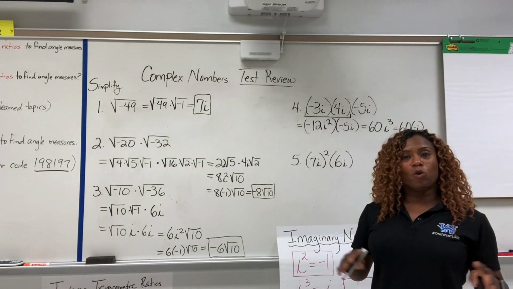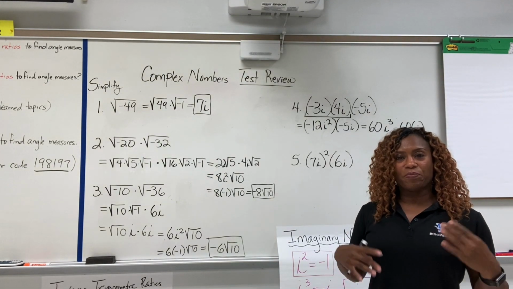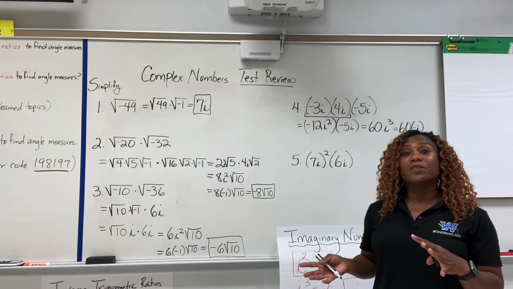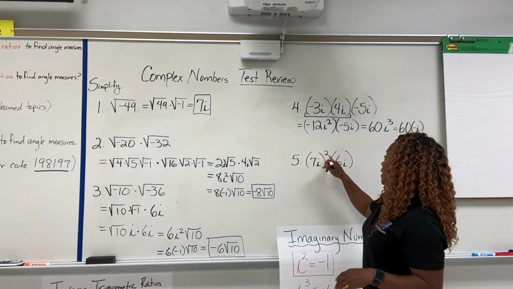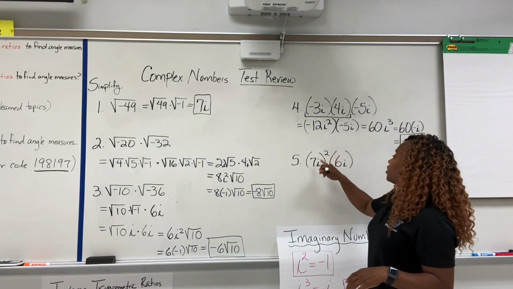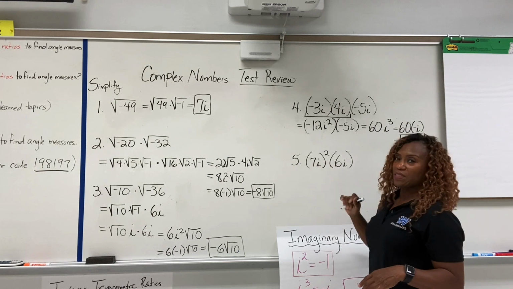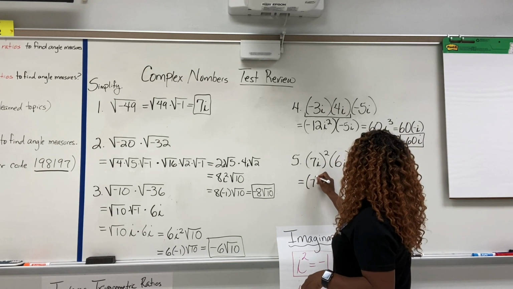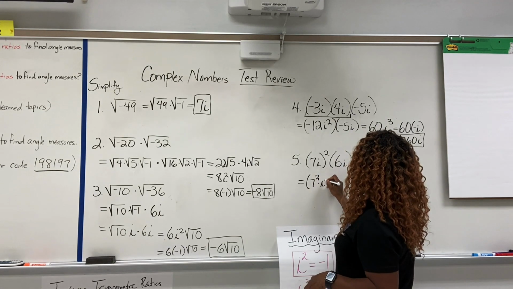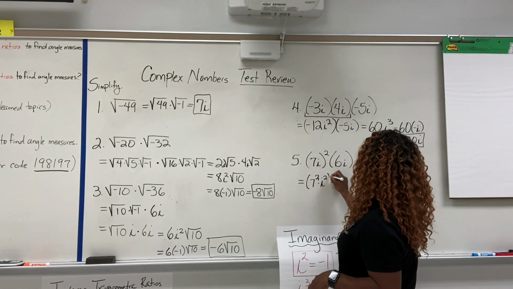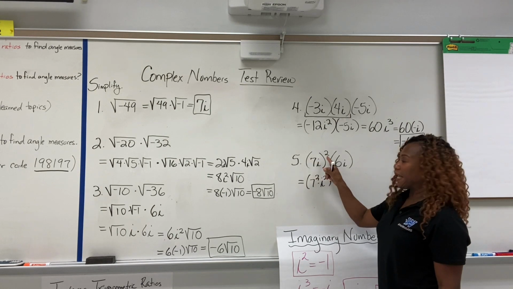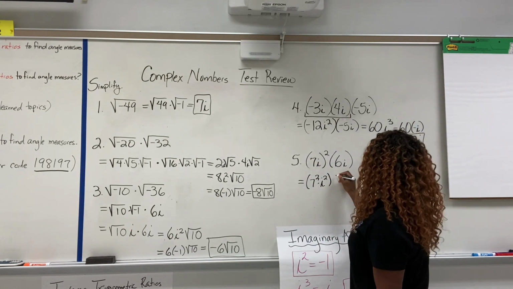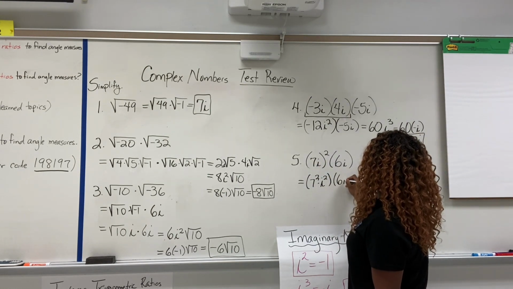Now, if you remember, or if you look on your notes, when you've got a product to a power, we literally distribute that exponent to both of the terms in here. So I'm going to rewrite this part as 7 squared times i squared. See how I can distribute it to the 7 and to the i? And then I'm going to go ahead and bring down times 6i here.